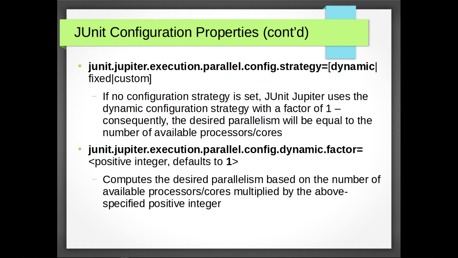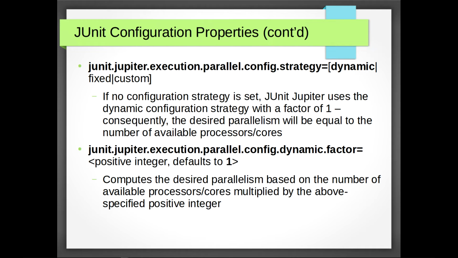Consequently, the desired parallelism will be equal to the number of available processors or cores. For example, if we have a 2-processor system with 4 cores per processor with hyperthreading, which makes it like 8 logical cores per processor, we're going to have at maximum 16 threads processing our unit tests.